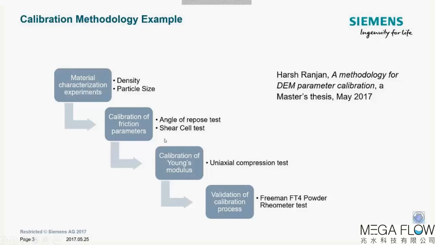So this particular method suggests 4 stages of the process. The first, we have to do the material characterization experiments and get the basic particle properties like density and particle size for the DEM model.